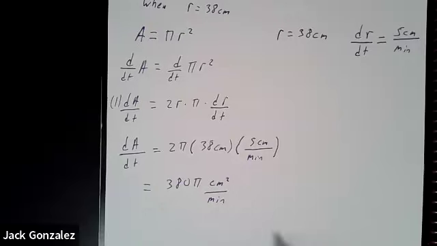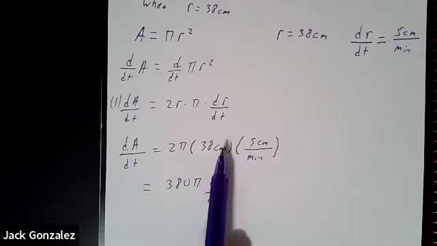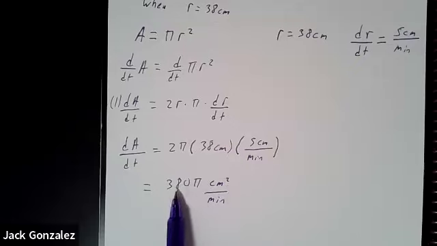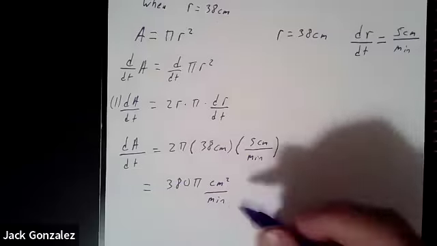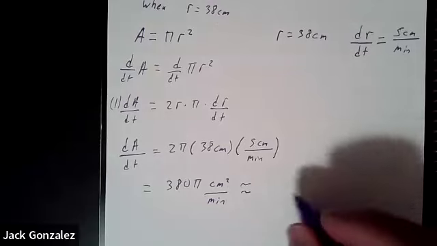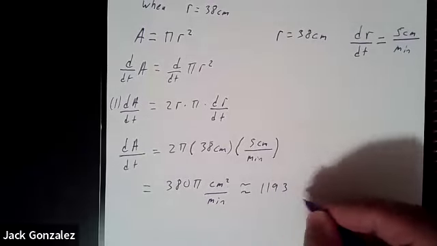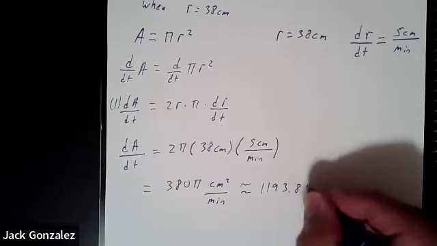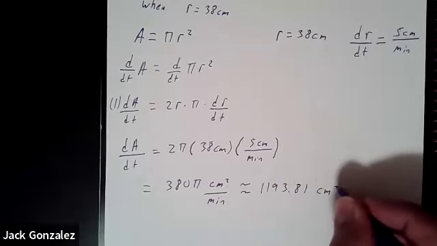When you're talking about area, it better be a squared unit, right? Like square feet in your apartment or whatever. It needs to be squared. So it makes sense that centimeter times centimeter appeared, because this is the rate of the changing area every minute. This is approximately something. Multiply the pi if you want.